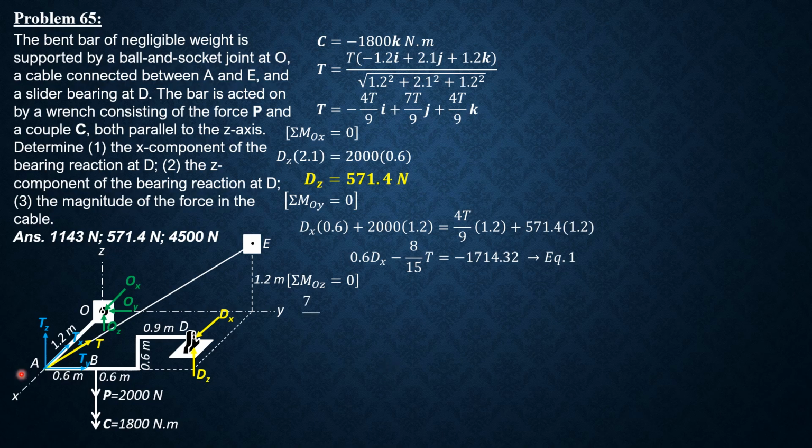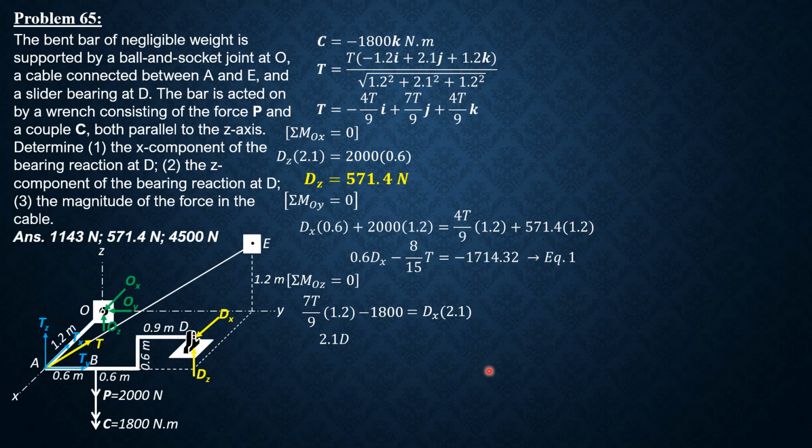So the equation is Ty, or 70 over 9 times 1.2, then minus 1800, because this is negative 1800K, then equals dx times 1.2 plus 0.9, so 2.1. So equals dx times 2.1.